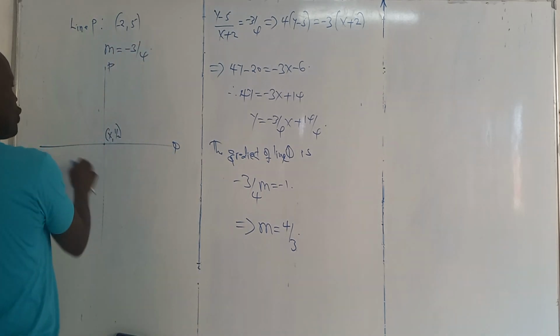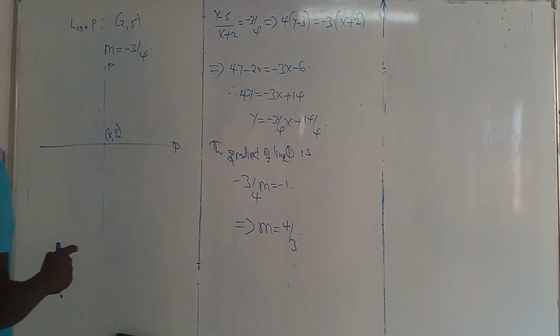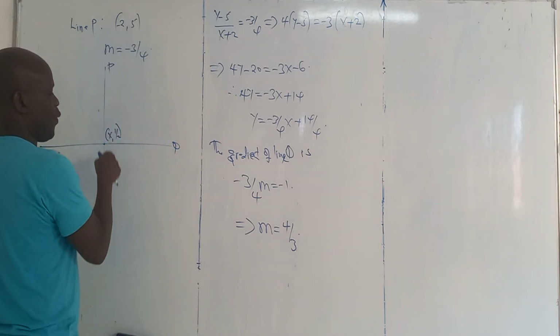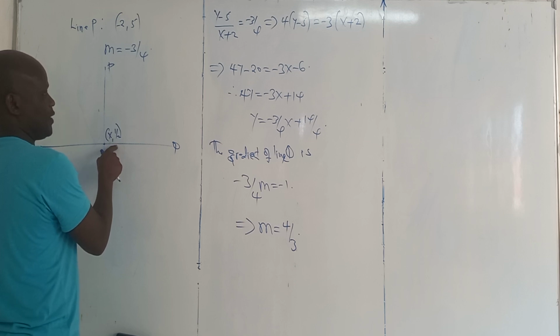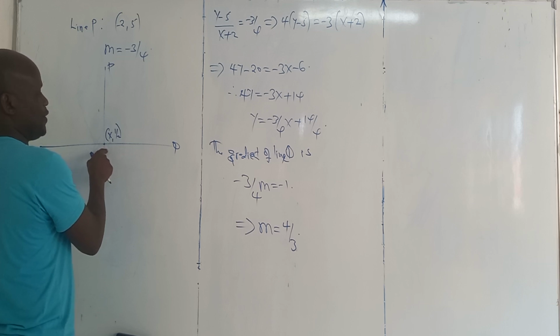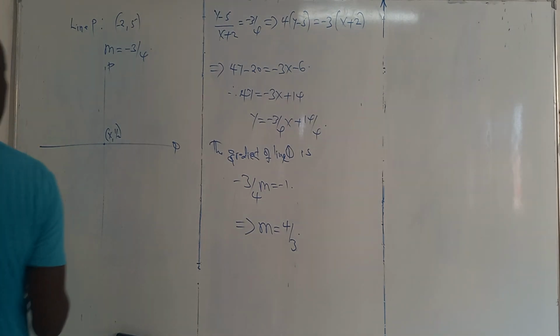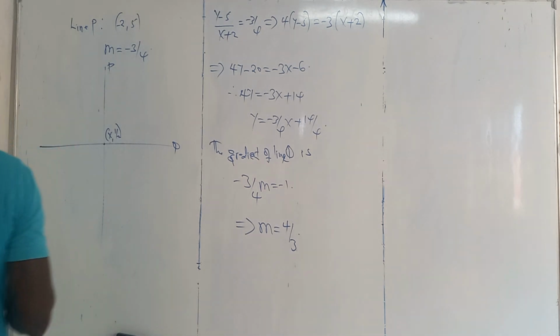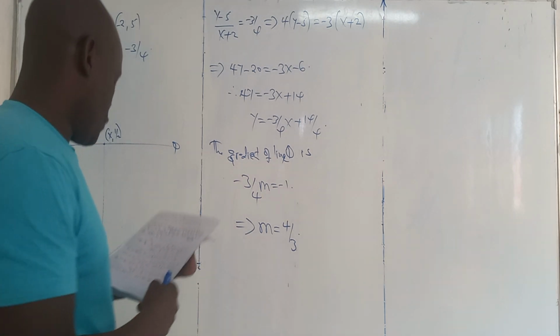So the gradient of Q that we want is 4 over 3. And we know that y at the point of intersection, where they meet, is a half. If we specify the value of x, that should help us specify the equation of Q. So how do we get x?